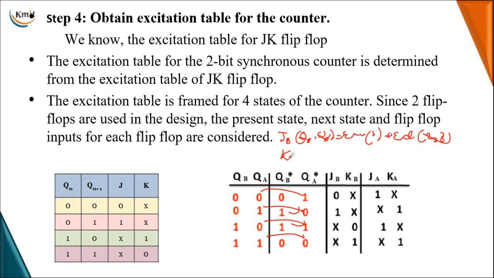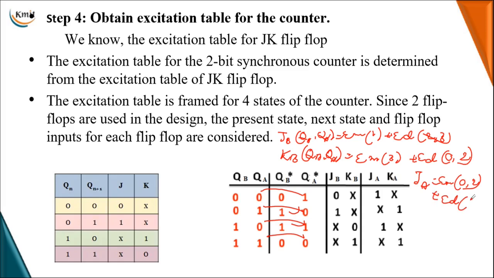In the same manner, KB is written as a function of the present state QB and QA with only one minterm, on 3, along with don't cares sigma d of 0, 2. Next, JA has two minterms, on 0 and 2, plus sigma d of don't cares 1, 3.